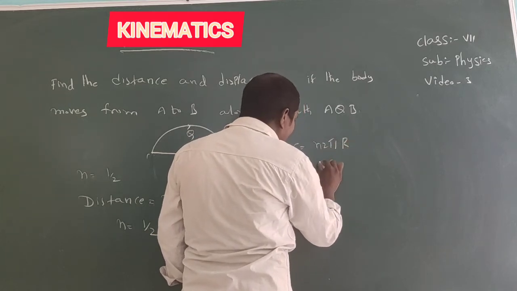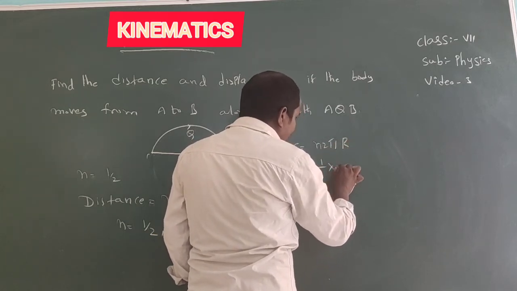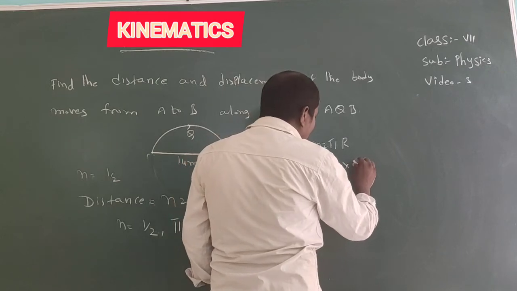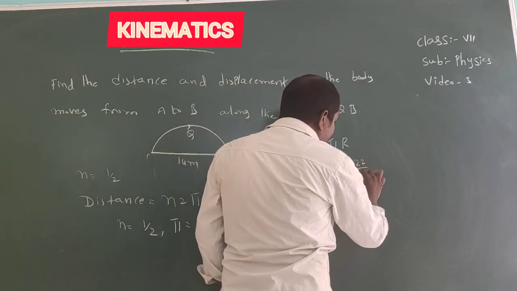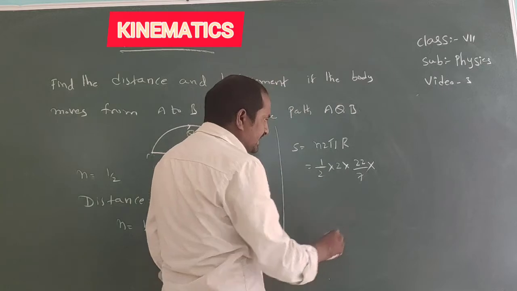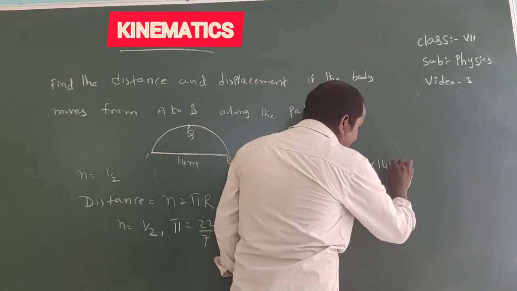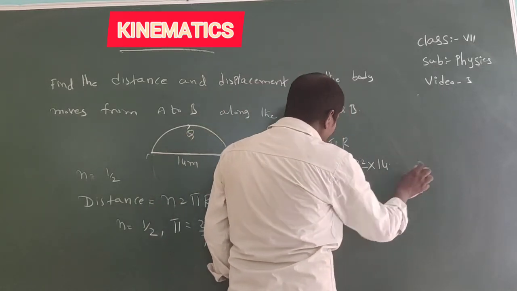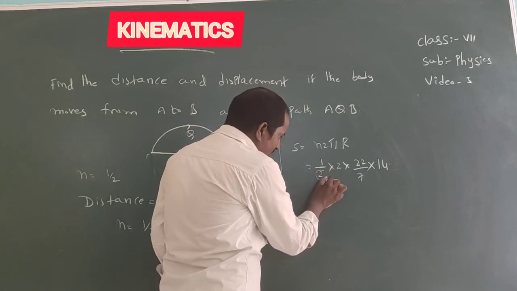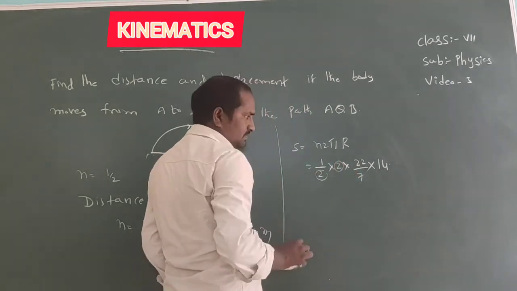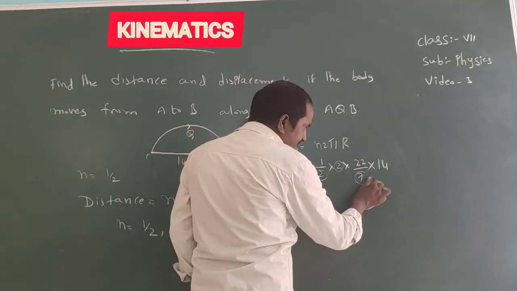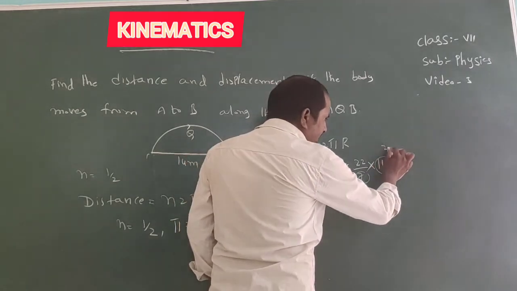So what is the n value here? 1 by 2 into 2 into pi, 22 by 7, into radius, that is 14 meters. Here the 2s cancel. 7 ones are 7, 7 twos are 14.